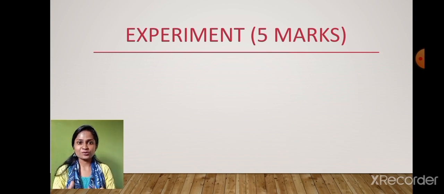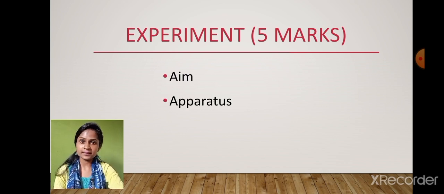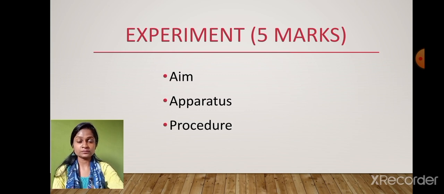Now, listen carefully. Take your project paper. On the project paper, write the name. Write the aim of the experiment. Then write down the apparatus, everything displayed in this video only. Go back to the video, and you will get the aim and apparatus. Then write the procedure, which I have mentioned in this video.